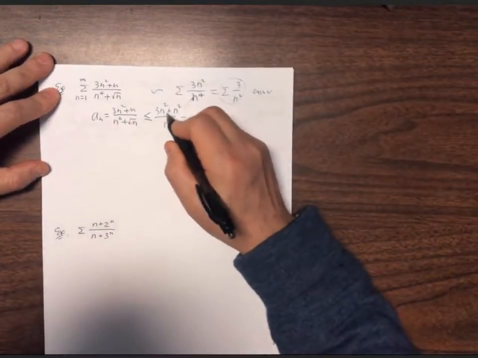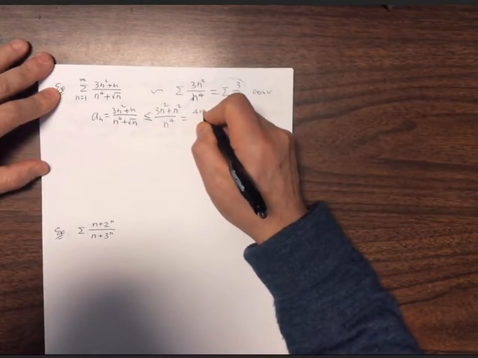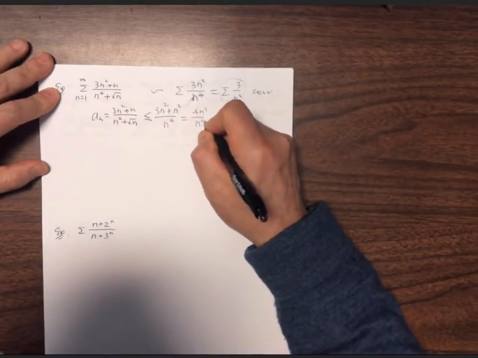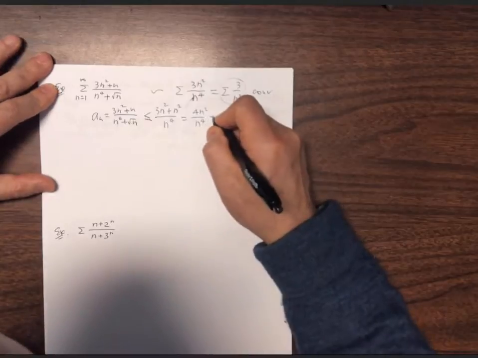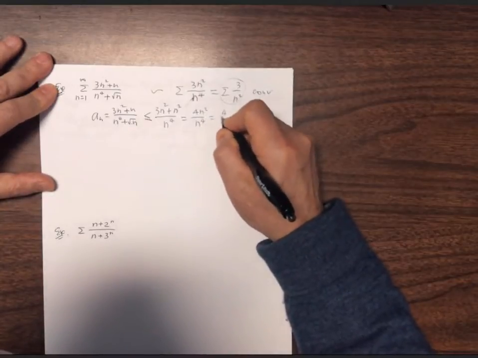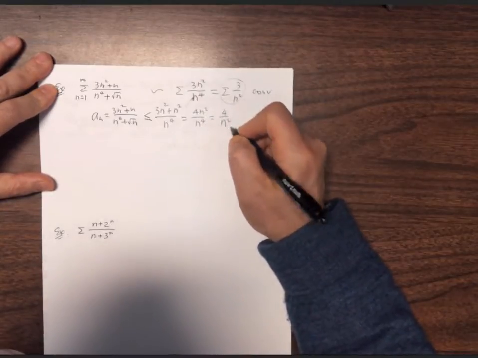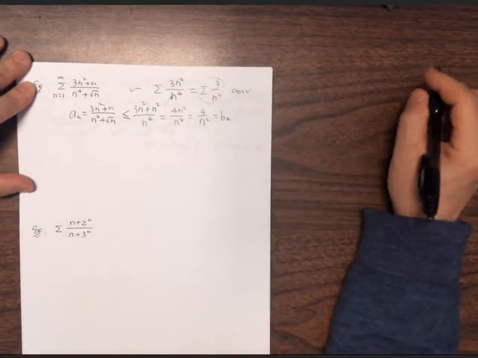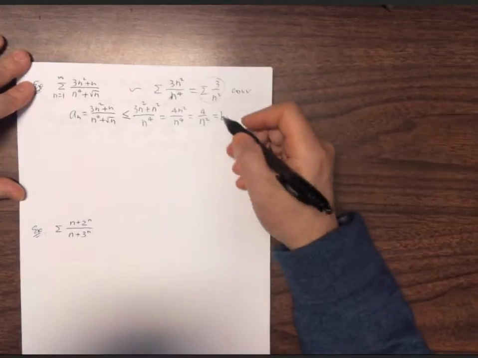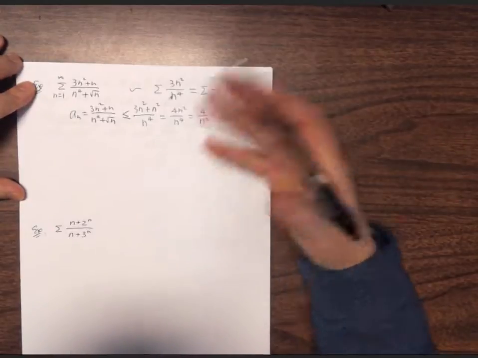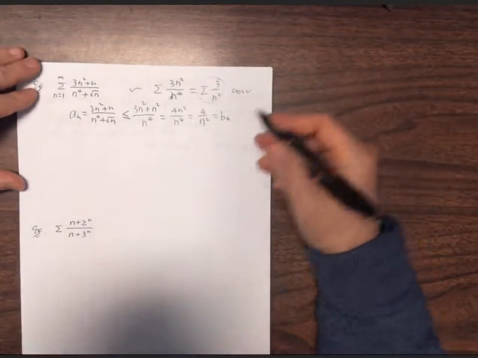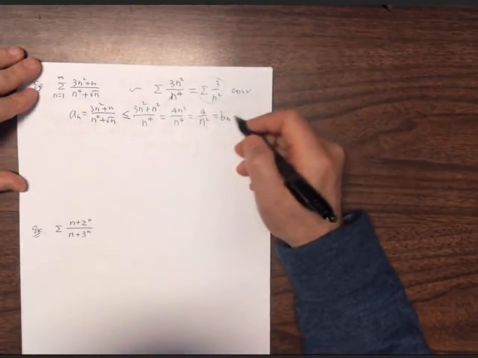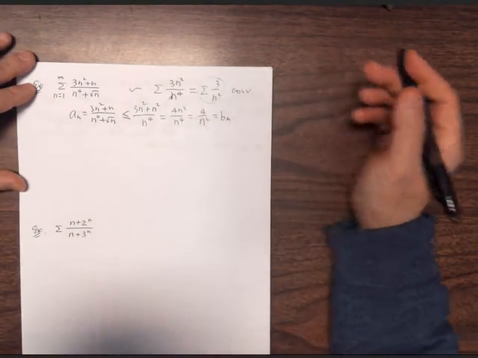So you see this is now n to the fourth power, and simplified, it's 4 over n squared, right? Like a p-series. This is our Bn, because we know offhand by using the p-series test, we'll claim sigma Bn converges.